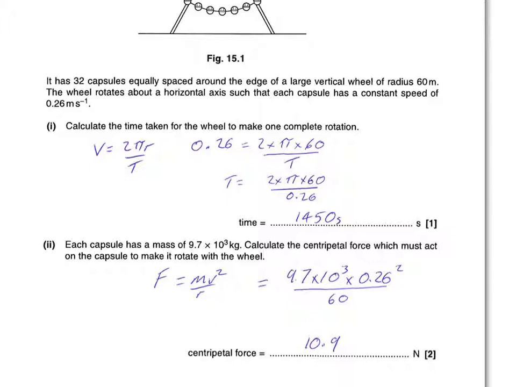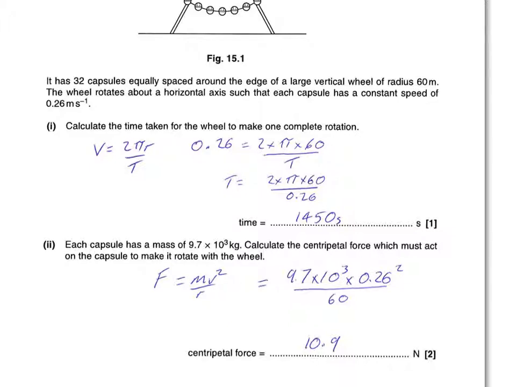So we have here the equation for speed, really based on distance divided by time, because the distance to go round the circle once equals the circumference, and the time to rotate once is the period. So substitute in the values given, rearrange carefully for t, and solve to find the answer in seconds.